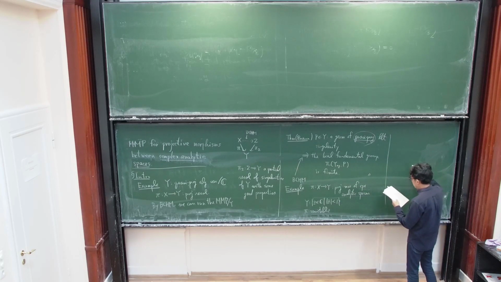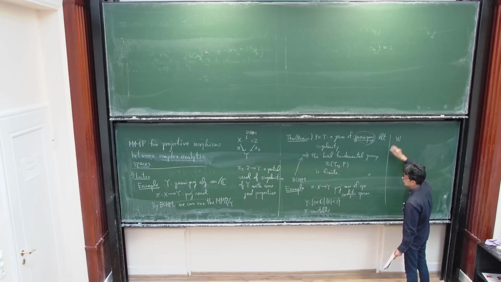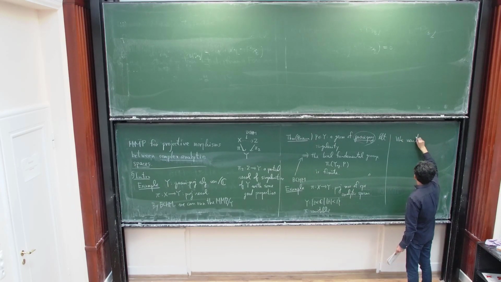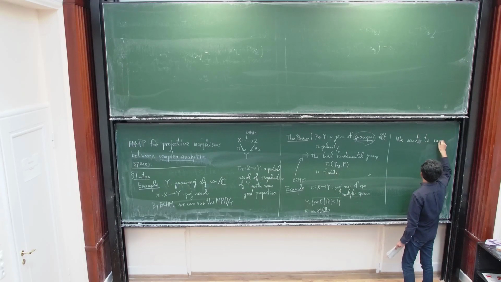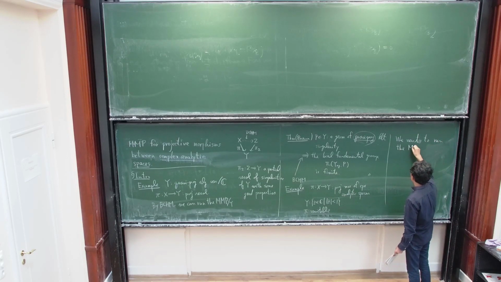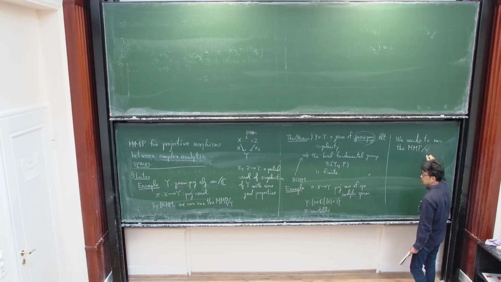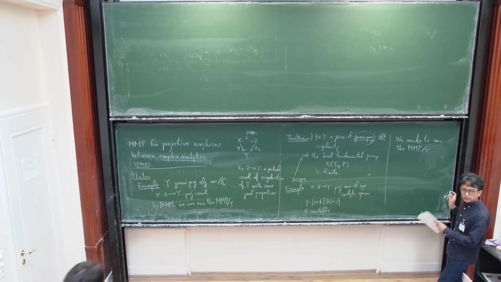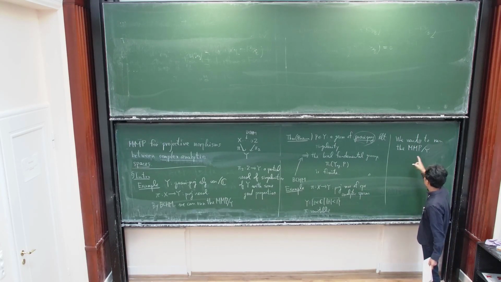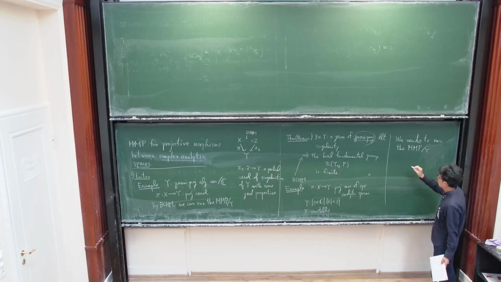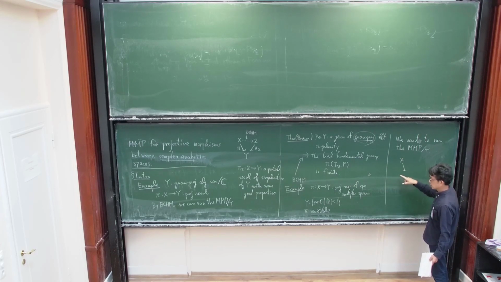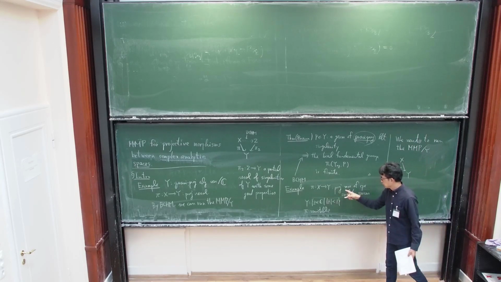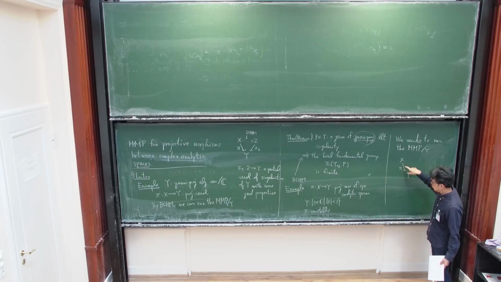In this setting, we want to run the minimal model program over Y. So if we can apply the minimal model program, then we can construct the following commutative diagram. This is the projective semi-stable morphism.